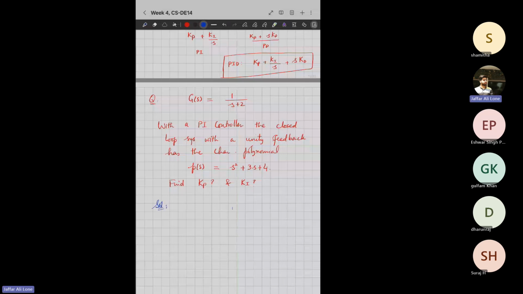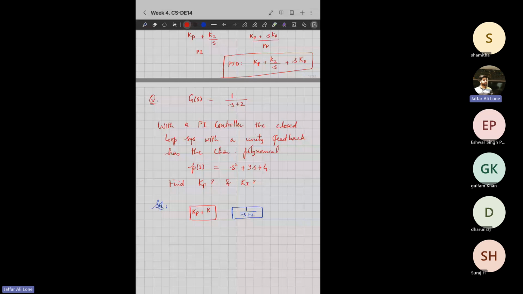Now see how to solve such questions. Given a first order system, this is my plant. Plant is this, 1 divided by S plus 2. Now the question is saying with a PI controller. Now I have to add a PI controller that will be here. The PI controller always comes before the plant block. A PI controller has P and I, so my transfer function will be Kp plus Ki by S, as I told you just minutes before.